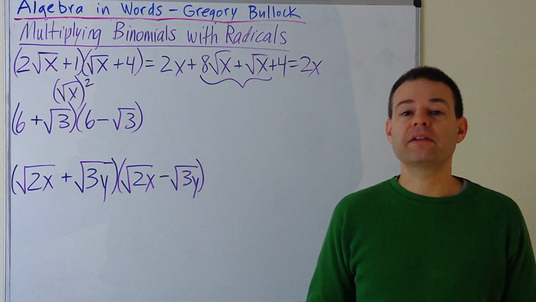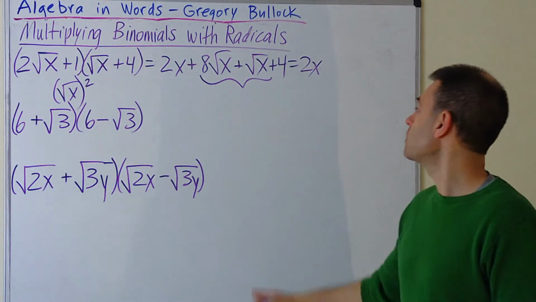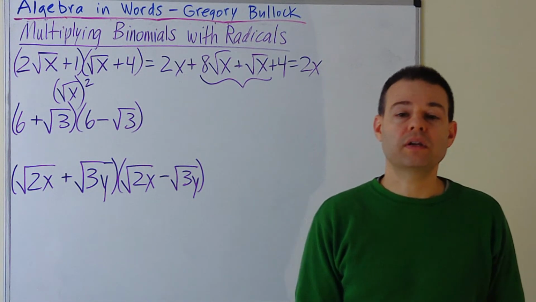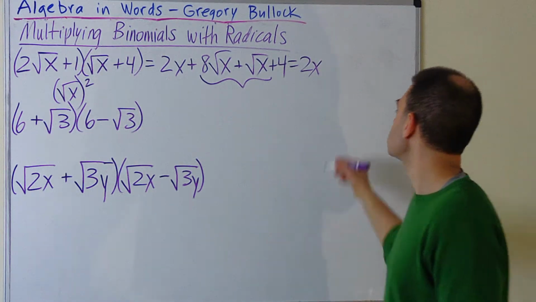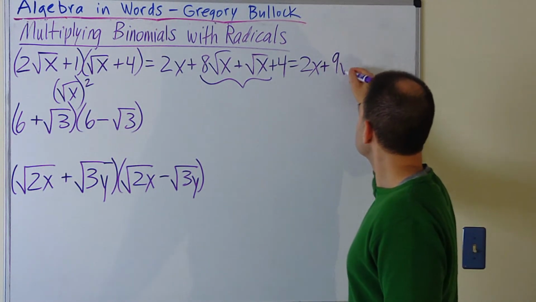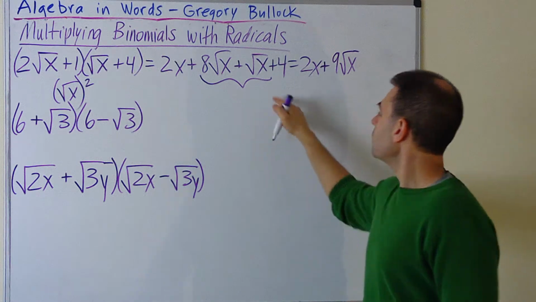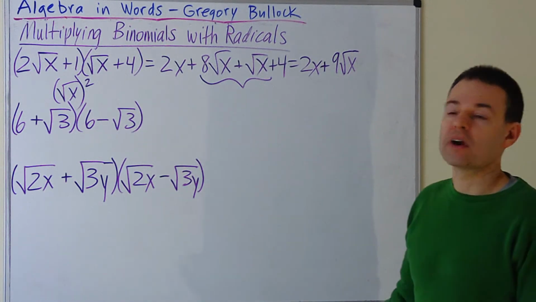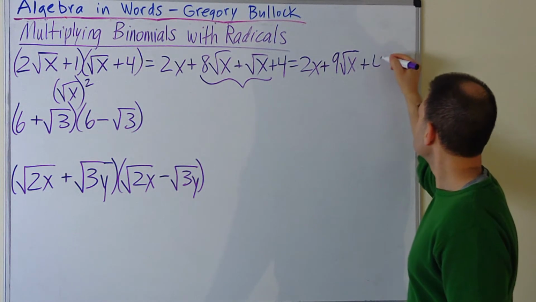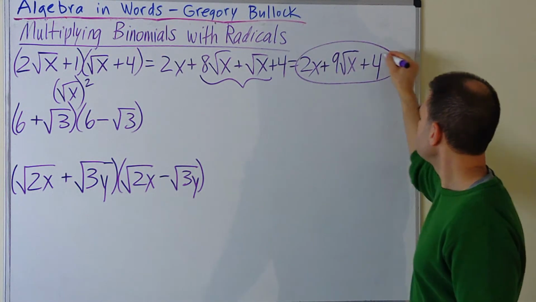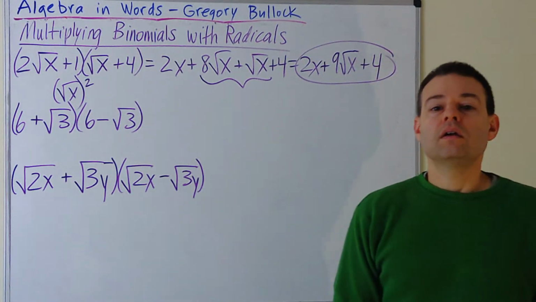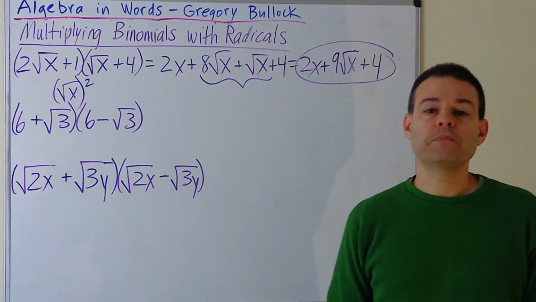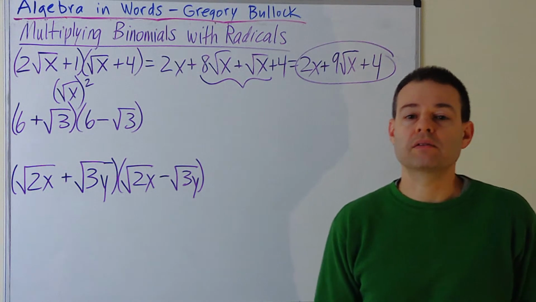So we can add them by their coefficients. 8 plus the unwritten coefficient 1, which is going to make 9 square root of x. And then we have 4, and there's no other like terms with that, so we're just going to write plus 4. So that example is done where we multiplied those 2 binomials with radicals.